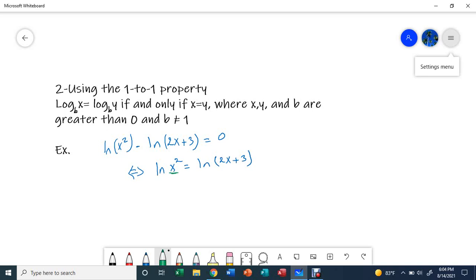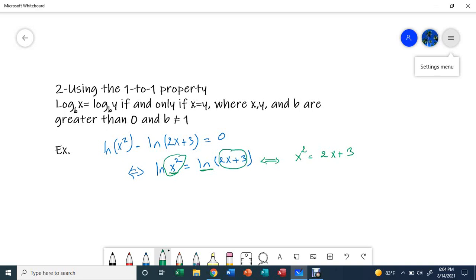Same base, ln is natural log, so that's log base e on both sides. The one-to-one property is telling us that x squared must be the same thing as 2x plus 3. If I have log with the same base on both sides of the equation, then x squared and 2x plus 3 must be the same.